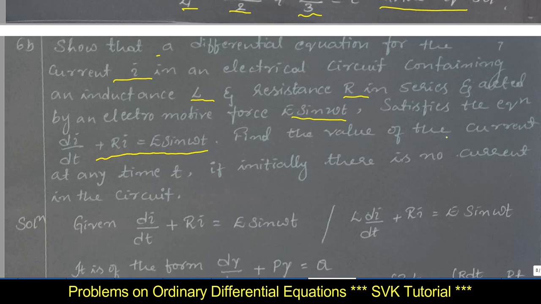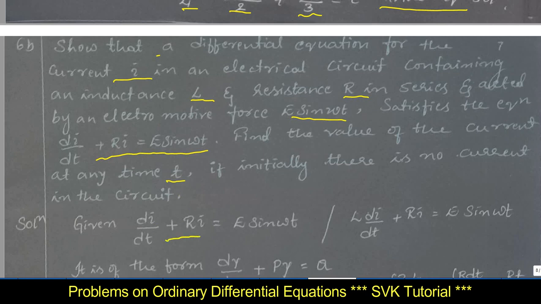Find the value of the current at any time t. We are required to find I at any time t if initially there is no current in the circuit. So we need to use the initial condition to solve this problem.